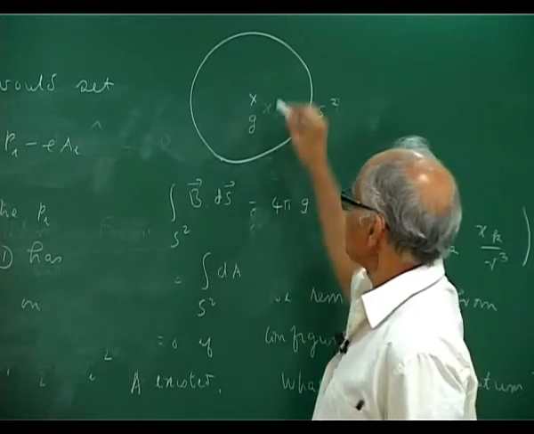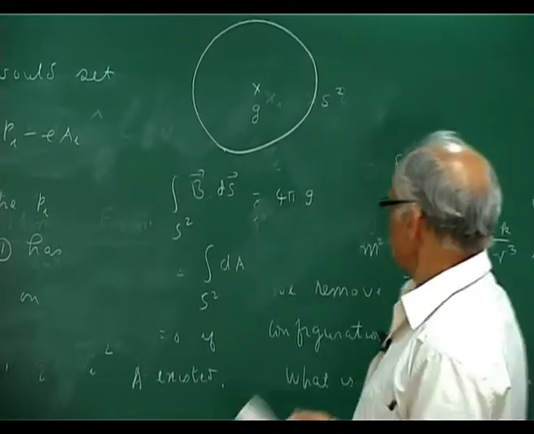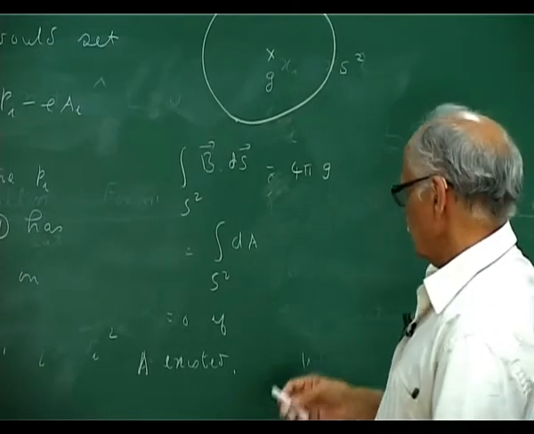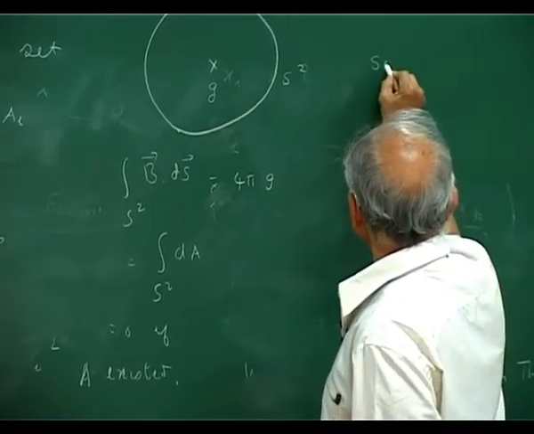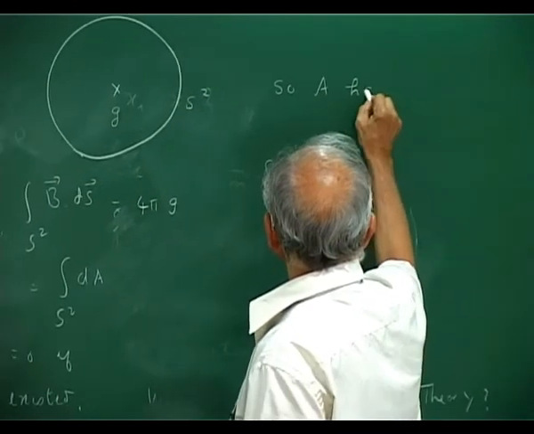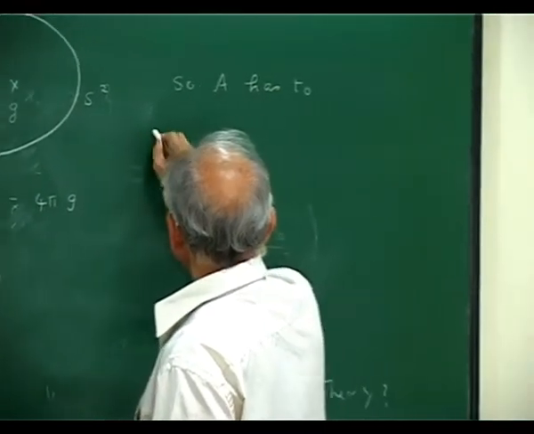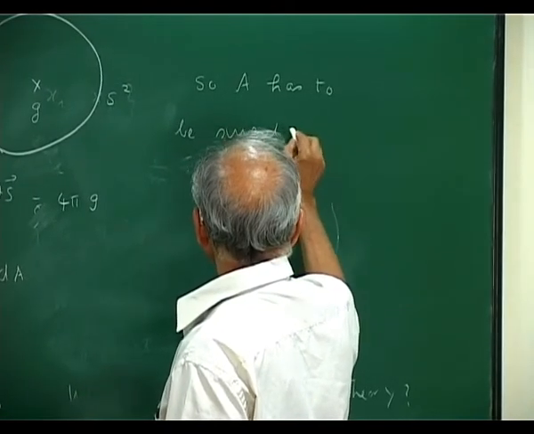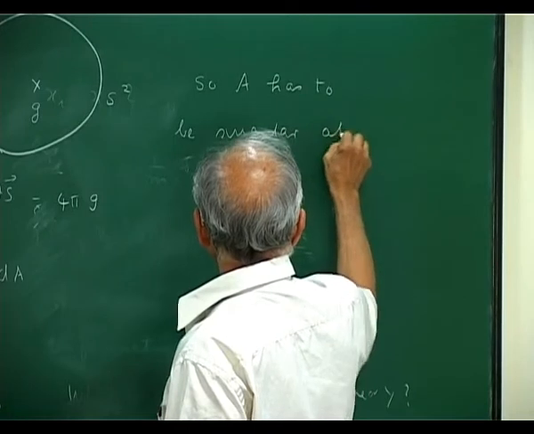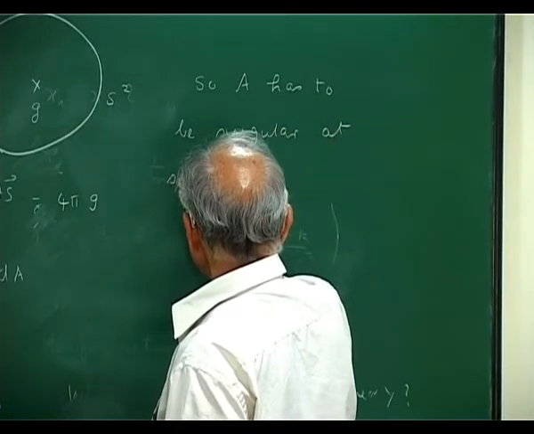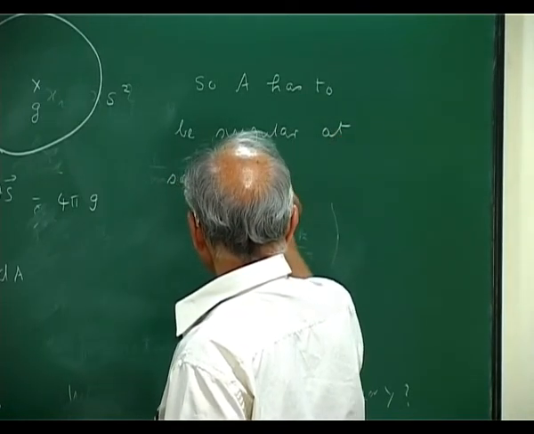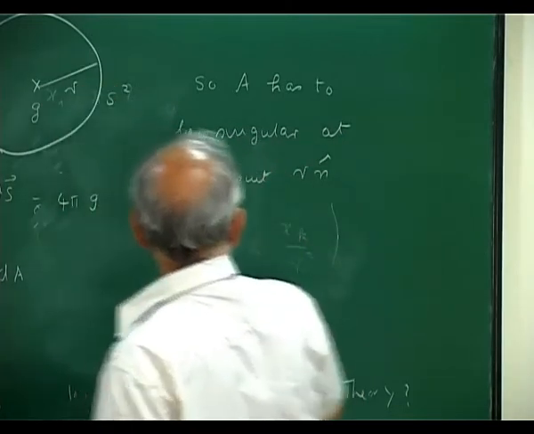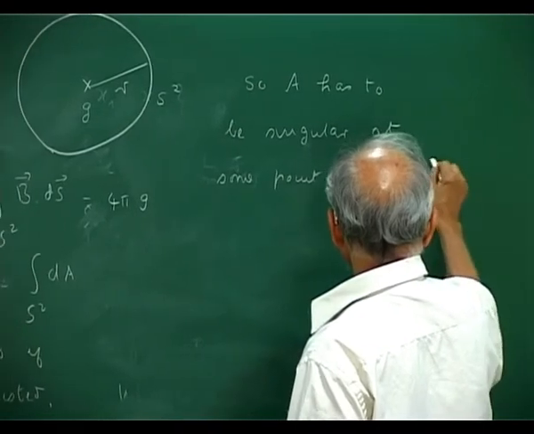Okay. And this is the Dirac string. So A has to be singular. Singular means ill-defined at some point, say R n hat, where the sphere has radius R, on S2.